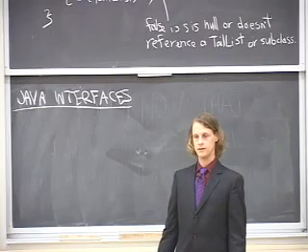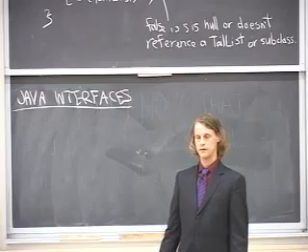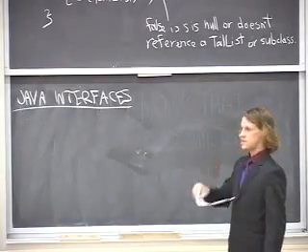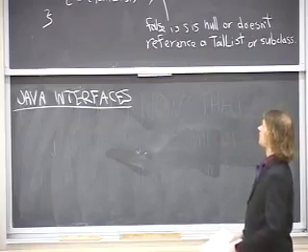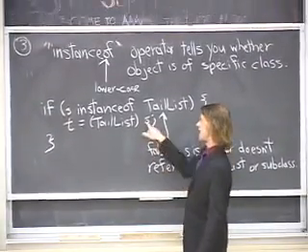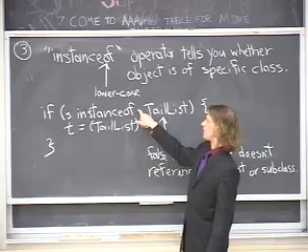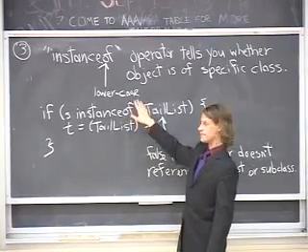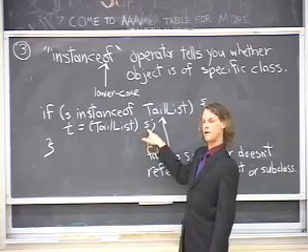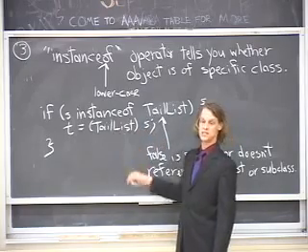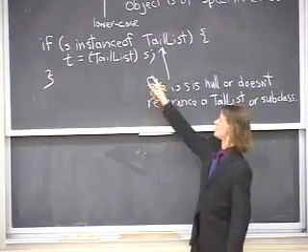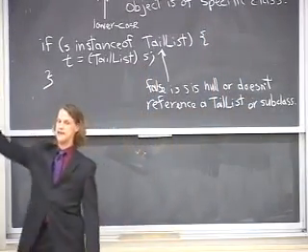Well, just because I've said if S is instanceof tail list doesn't mean that the compiler will remember that by the time I get to this line. The compiler compiles this line dutifully, then forgets about it, and then goes on and compiles this line. And so I still have to reassure the compiler every single time that S really is a tail list, because the static type of S is slist, and that doesn't change.